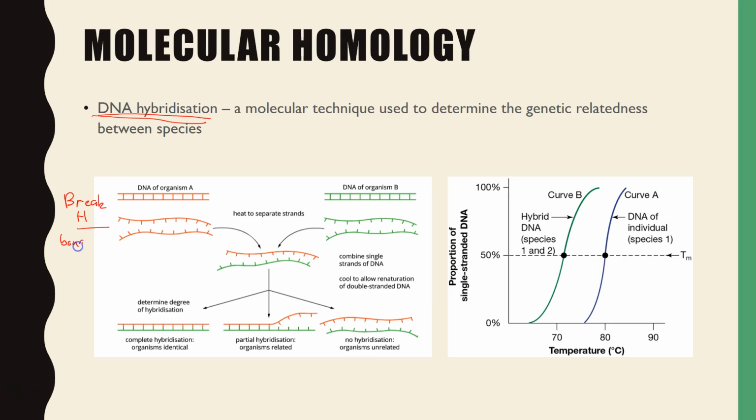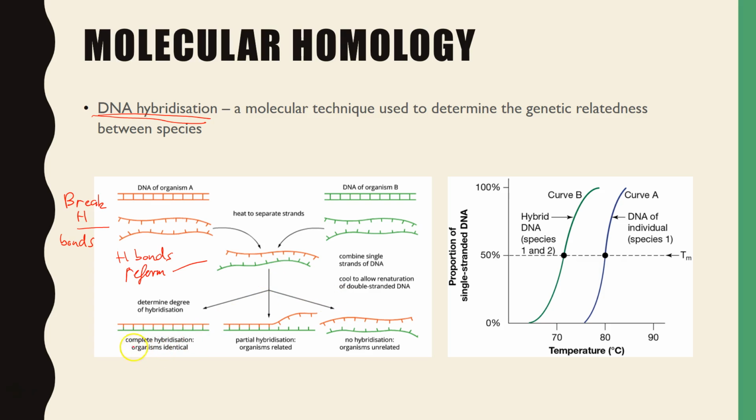When we break the hydrogen bonds, they'll form single strands. We'll then mix those two separate organisms together, and we'll allow the solution to cool down. This will enable hydrogen bonds to reform because the temperature enables it to occur. Over time, those hydrogen bonds will reform.